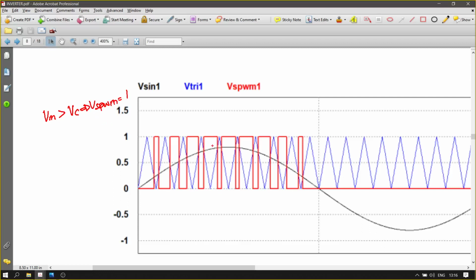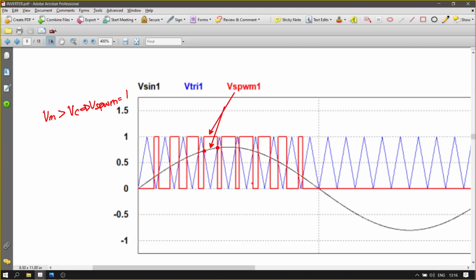For example, in this area, from that point to that point, you see that the modulating signal is greater than the carrier signal, and therefore it creates an output signal of 1.